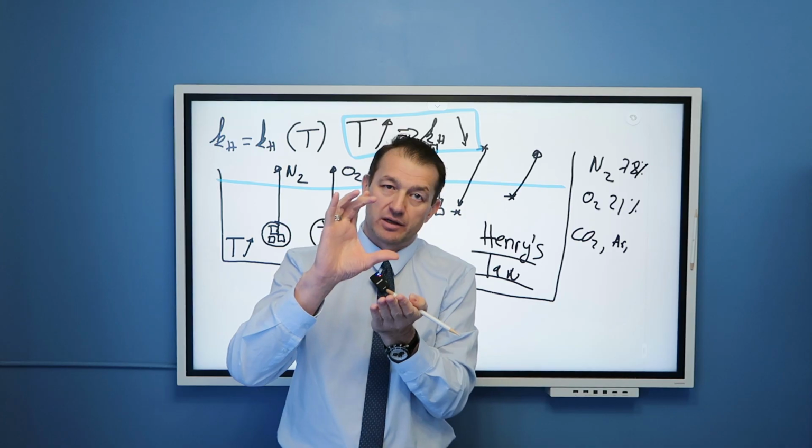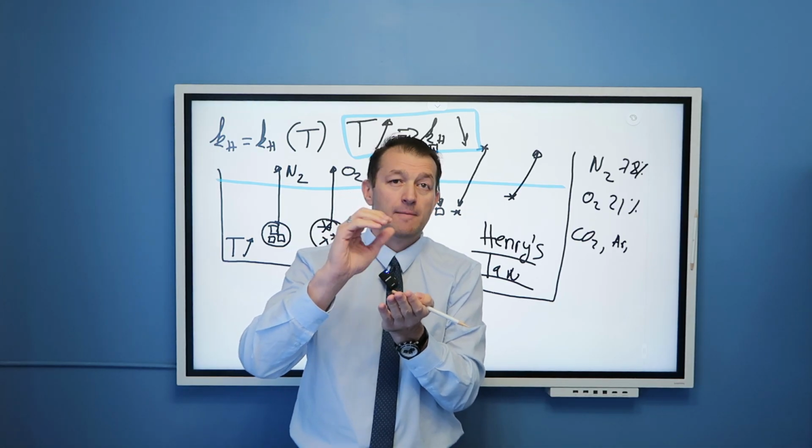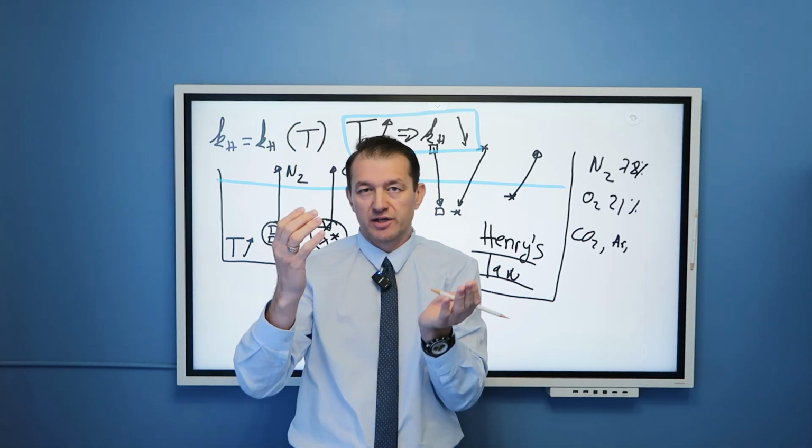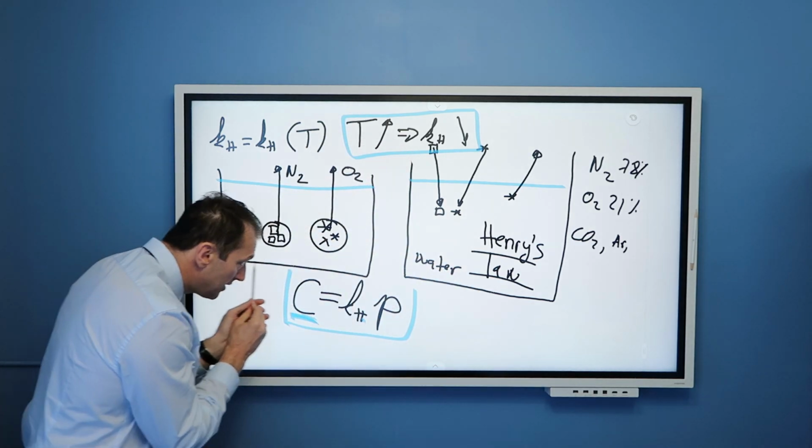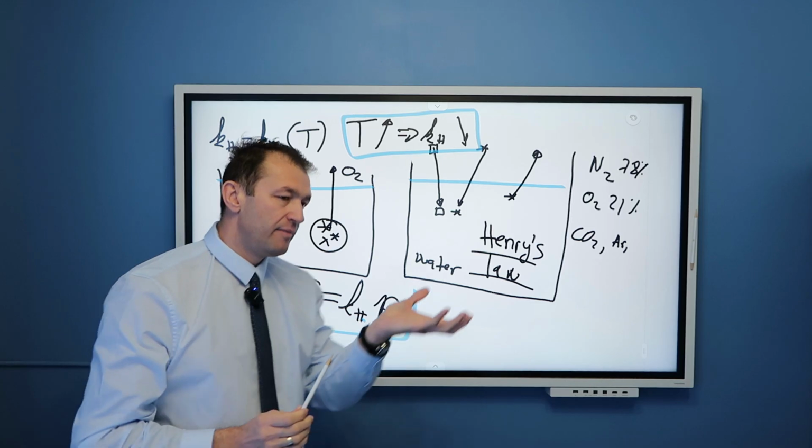When you heat water, before boiling, when water is hot but not boiling, you can see small bubbles initiating at the bottom of the pan and moving up.